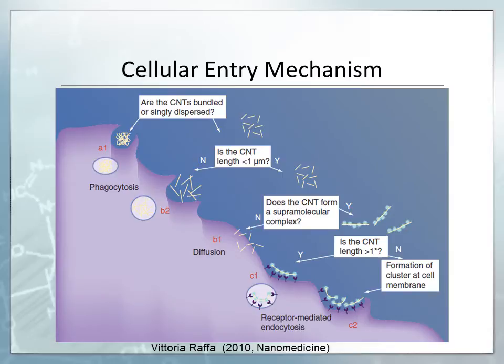If the CNTs are singly dispersed and shorter than 1 micron, they might get into the cells by a diffusion-like mechanism. But if the CNTs were conjugated, bound, or dispersed by supramolecular complexes such as protein, then they might get into the cells by receptor-mediated endocytosis.